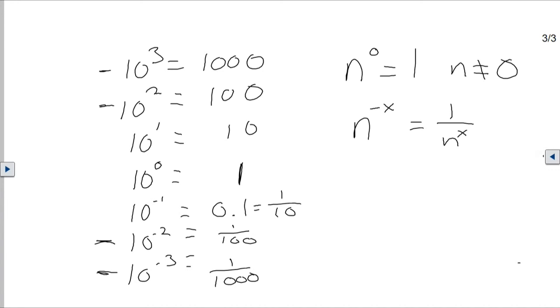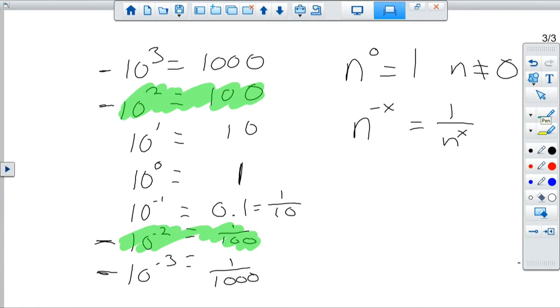So 10 to the -2nd, for example, equals 1 over 100. Well, 100 is 10 to the positive second power. So we're just putting that positive form of that exponent in the denominator.